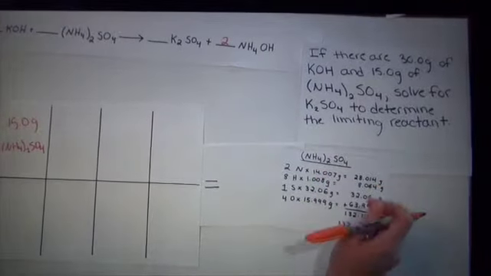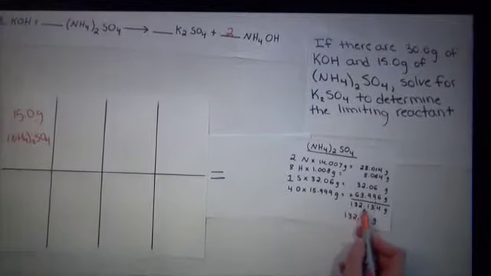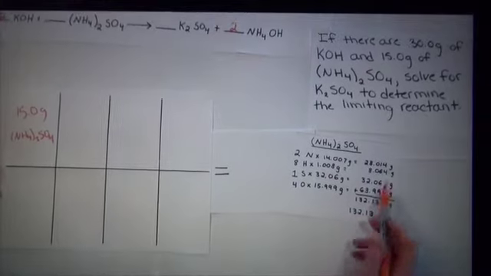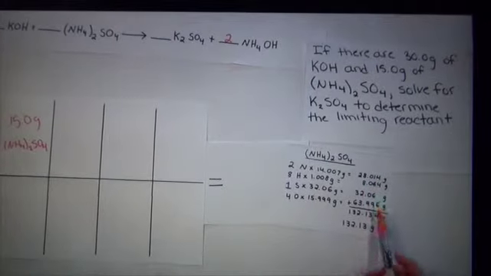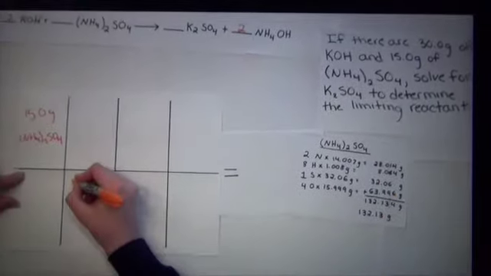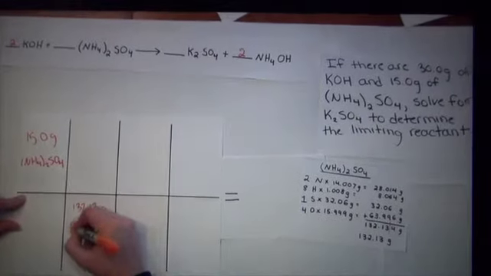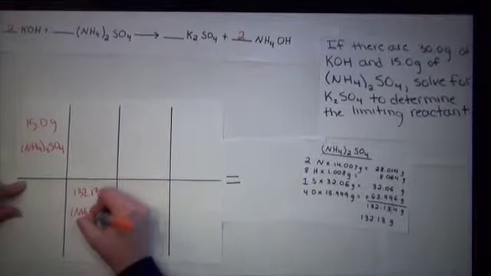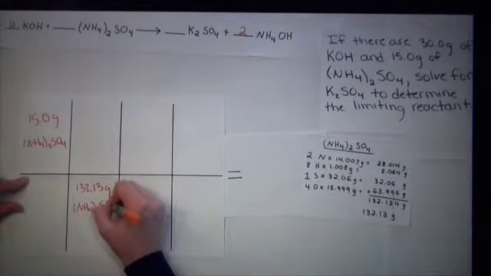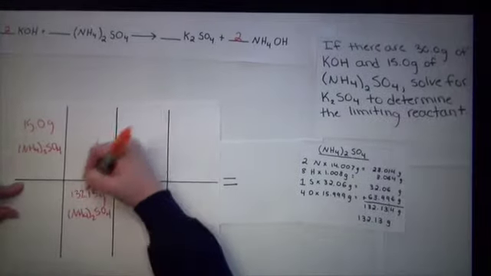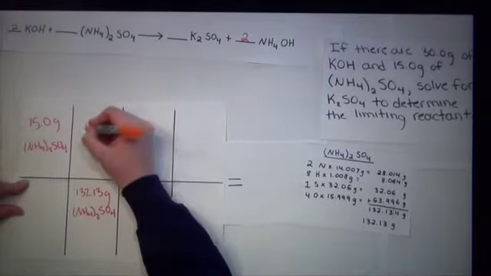Once it's all multiplied out, we end with 132.134, but we have 2 decimal places here and 2 here, so we end with 132.13 grams of ammonium sulfate, which equals 1 mole, since this is the molar mass.